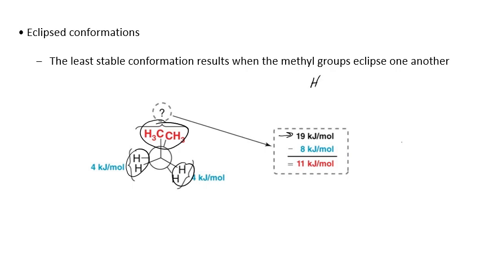So the H-CH3 eclipsing interaction was worth 6, but a methyl-methyl is worth 11. So the larger the groups eclipsing each other, the more energy it's going to cost to rotate past that.